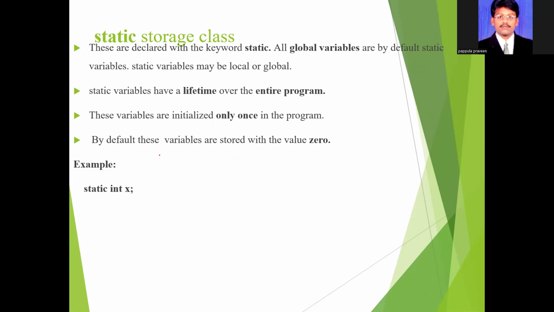And next one is the static storage class. Static storage is very important. Static can be categorized into two types: one is internal static and one is external static. Internal static is nothing but a local variable.